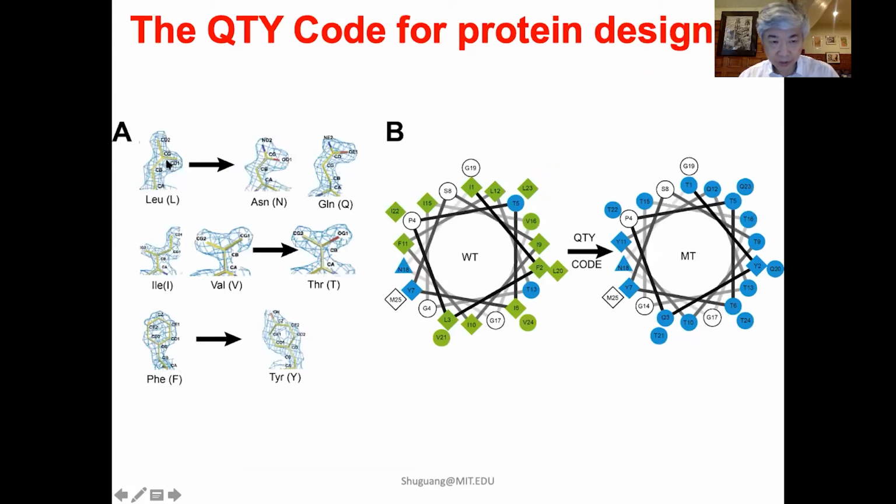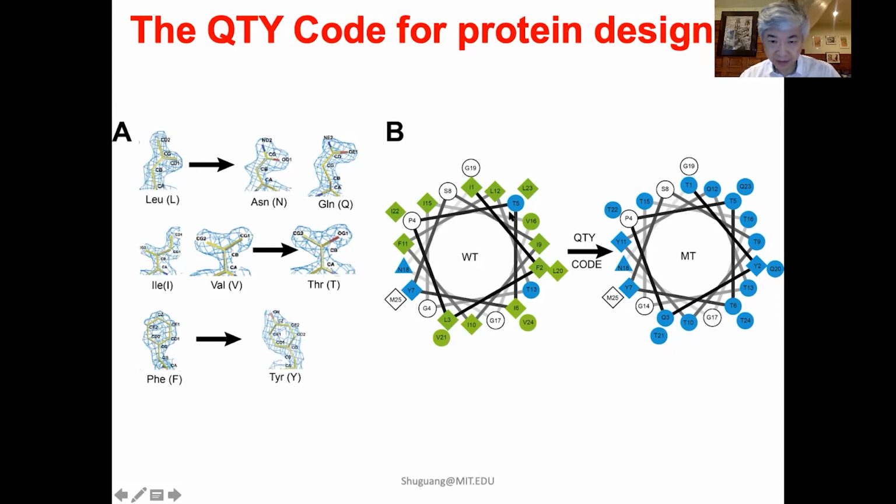Leucine, water insoluble, can be converted into asparagine, water soluble, or into Q, glutamine. Isoleucine or valine convert into threonine, from water insoluble to water soluble version. Finally, phenylalanine, water insoluble, can be converted into the water soluble tyrosine.